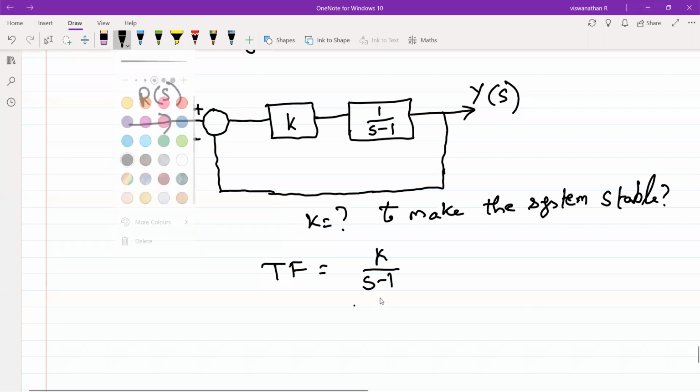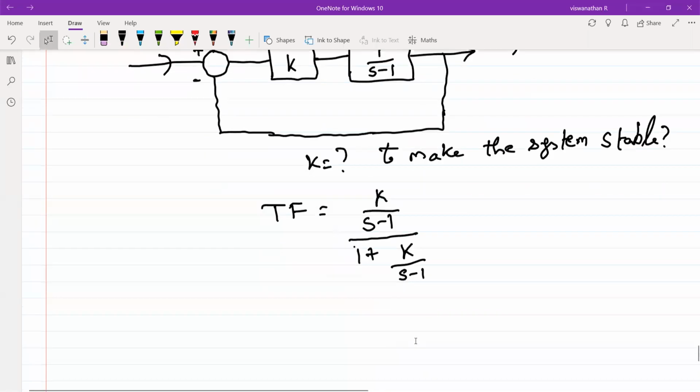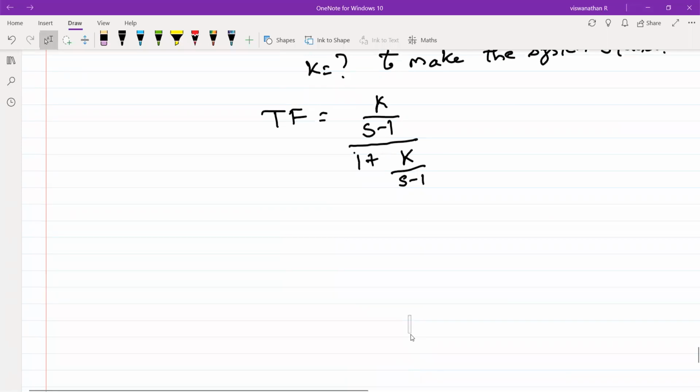Okay, K divided by S minus 1 divided by 1 plus K divided by S minus 1. So what will this be? K by S minus 1 plus.